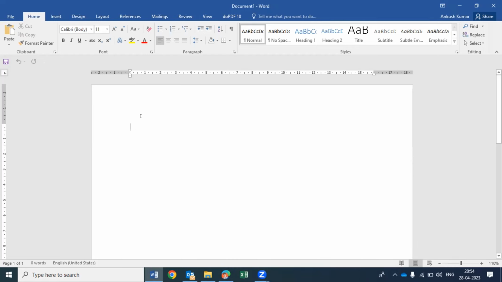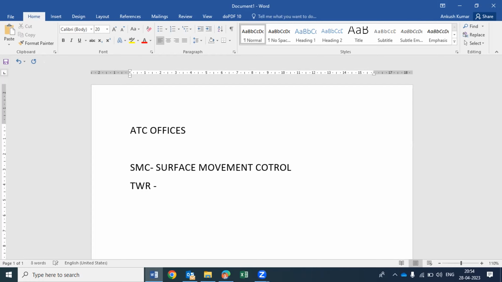So generally in the ATC offices, what are the offices? You can see there, they are surface movement controllers. Everyone, please note it down. Surface movement control office. Then you may see tower.